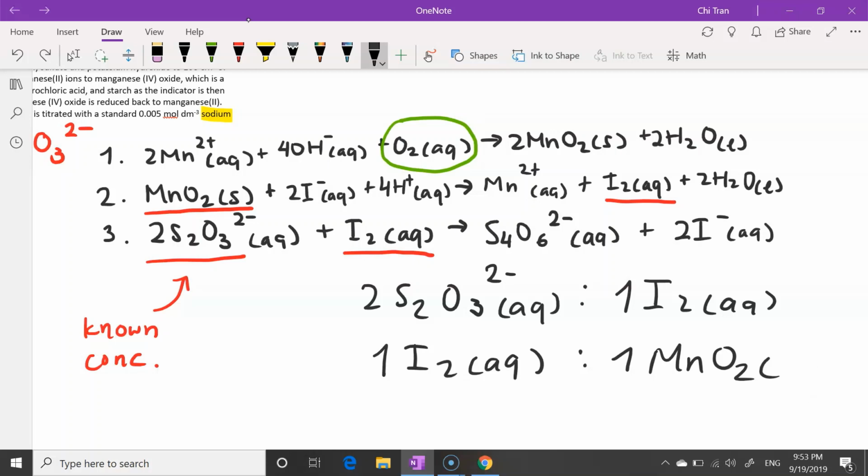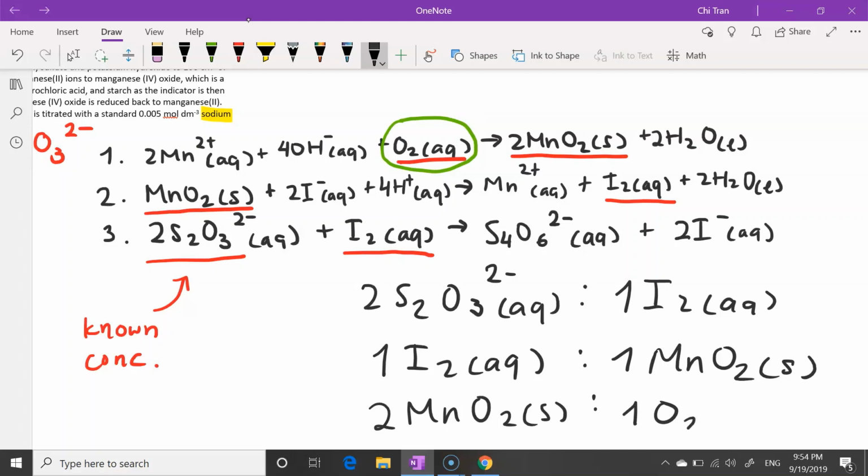And the manganese oxide reactant in the second step can give us the amount of manganese oxide as the product in the first step. There we can deduce another molar ratio of 2 manganese oxide to 1 oxygen, and that is from the first chemical reaction. The ratio between manganese oxide and iodine is 1:1, so we can substitute iodine in place of manganese oxide, so we get 2 iodine to 1 oxygen.